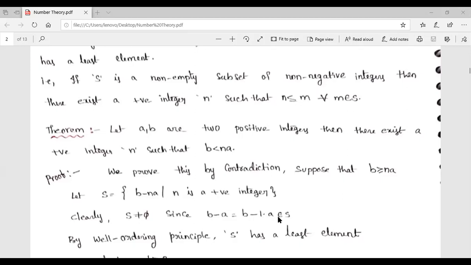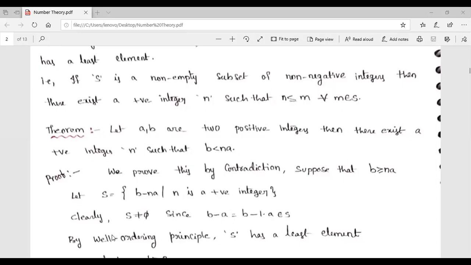That element belongs to S, because this set contains the elements of the form b minus na. So here S is a non-empty set and the set contains the element b minus a. Why? Because that element can be written as b minus 1 into a. This is of the form b minus na. So b minus a is an element in the set S. That's why S is a non-empty set.